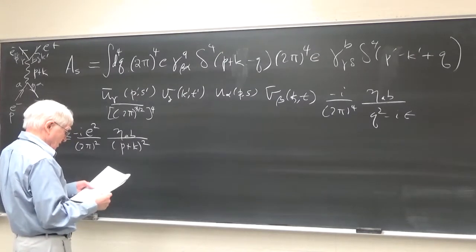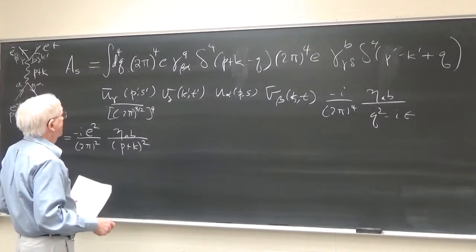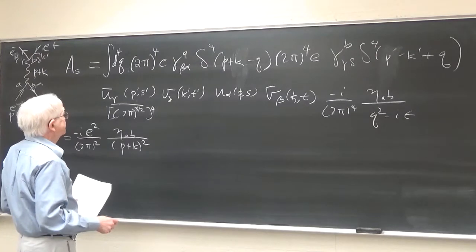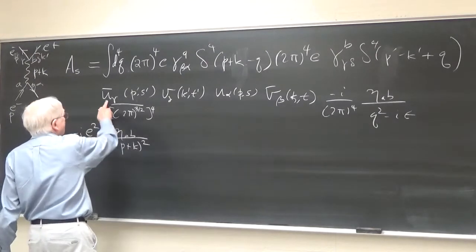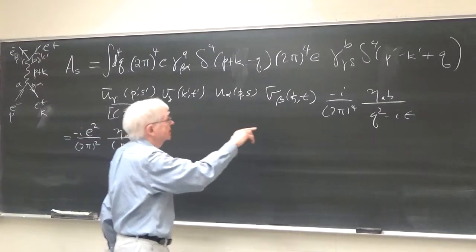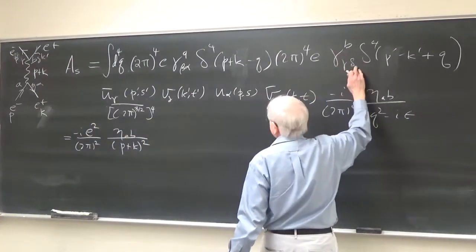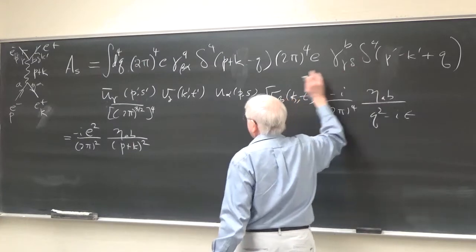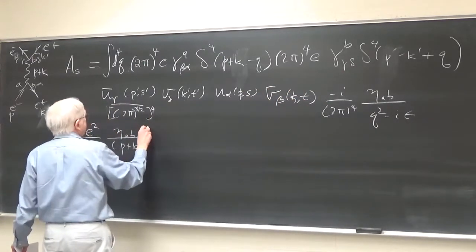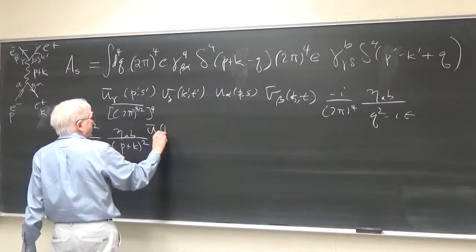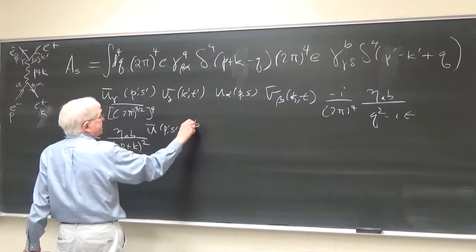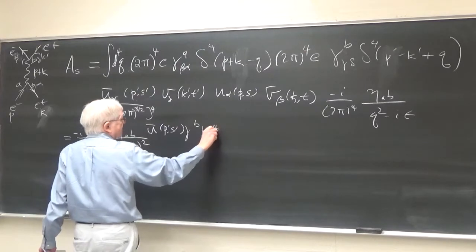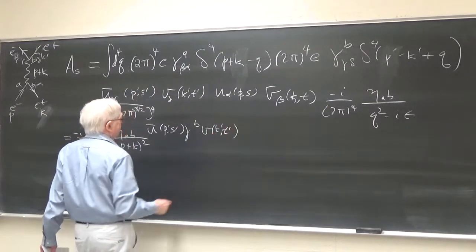And then, apart from that, what we've got is, for example, ū γ^B γ^δ γ^δ v, and we can rewrite that as ū(p′, s′) γ^B v(k′, t′).